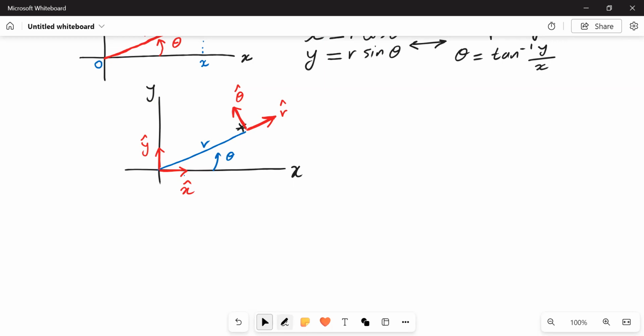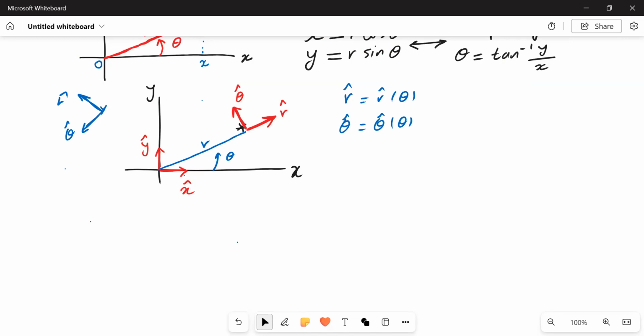So we must bear in mind that r hat is a function of the azimuthal angle, and theta hat is also a function of the azimuthal angle. If I look at different points in this two-dimensional space, I would end up with different directions of r hat and theta hat. For instance, at this point, r hat would be in this direction, and theta hat would be in this direction.